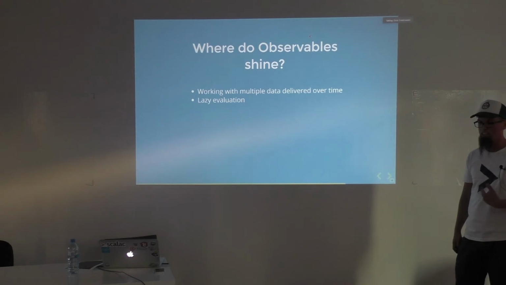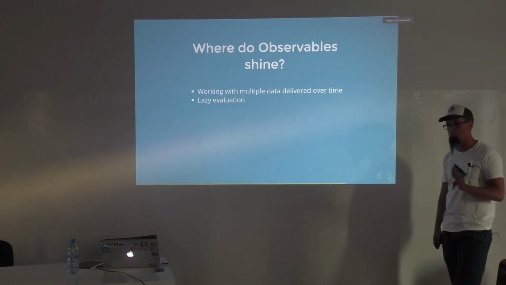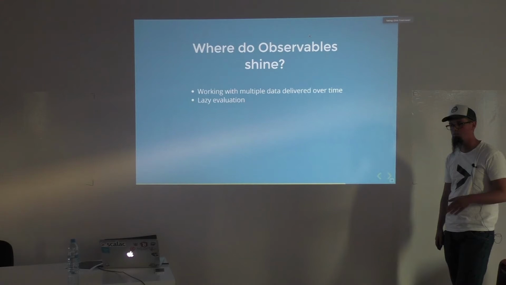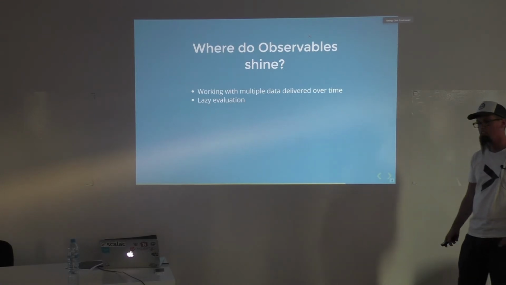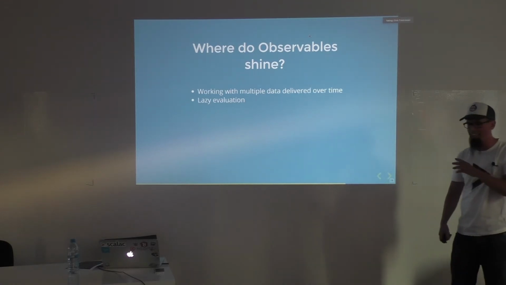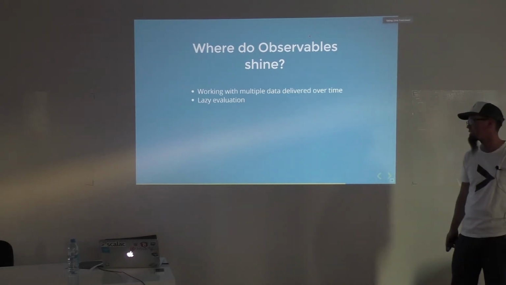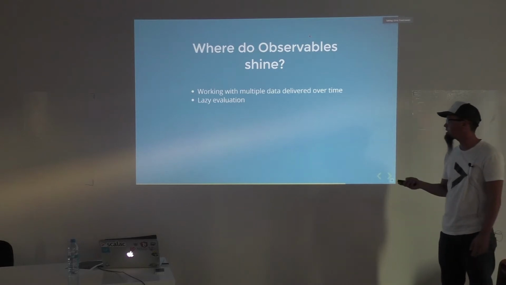It gives us lazy evaluation out of the box, so unless we explicitly subscribe to an observable, nothing will happen. This is pretty tricky in the beginning: you try to display something and nothing happens. This is mostly because we didn't subscribe.